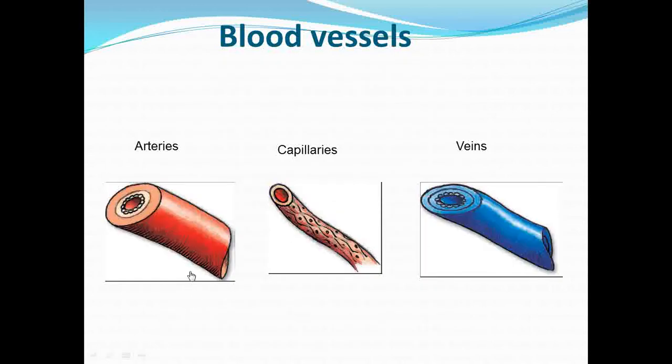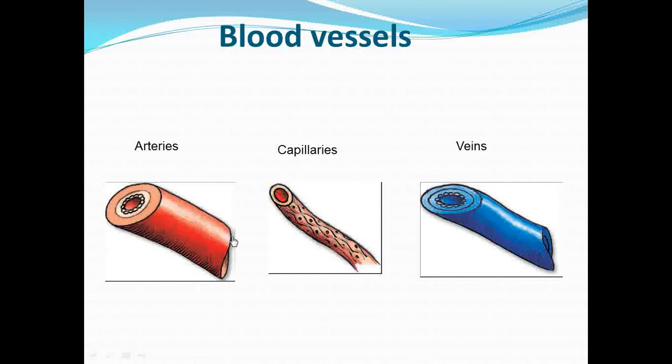Just another diagram here, the arteries, which take blood away from the heart, and again they're red, so most of the time they are fully oxygenated and they carry oxygen around the body, and they're quite strong and thick. You can see they have to pump the blood from the heart and squeeze it around the body, so they've got a big job to do.